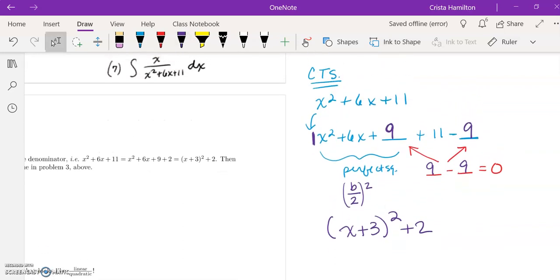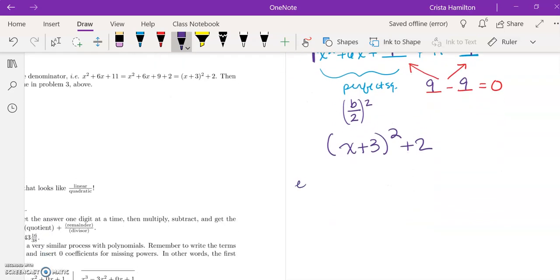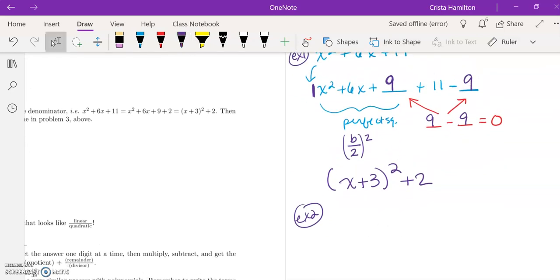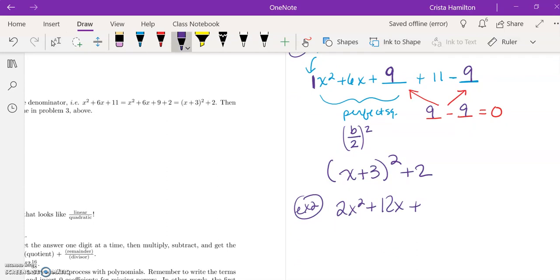Now, just as a kind of side comment about this completing the square, what do you do if there is a coefficient in front of it? So, for example, what if I had 2x squared plus 12x plus, say, 22? Just kind of use the same type of problem.